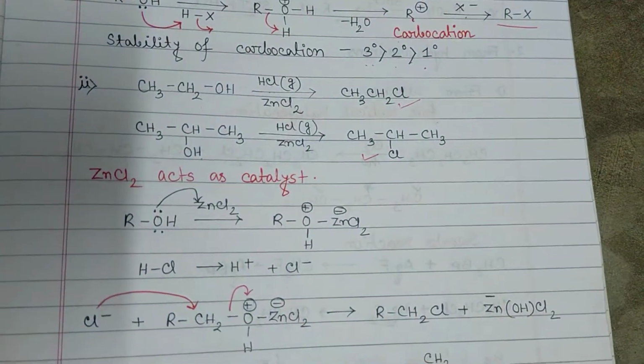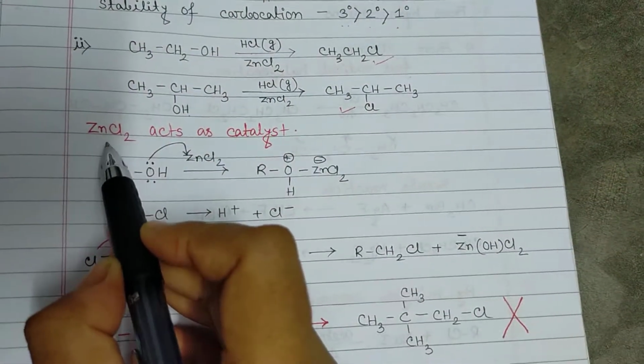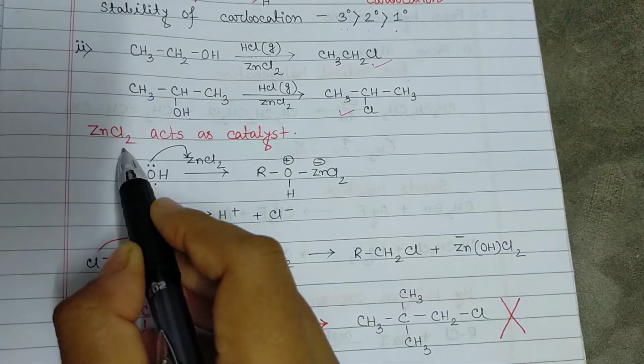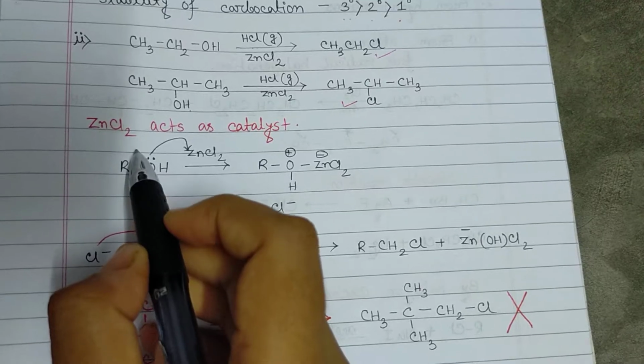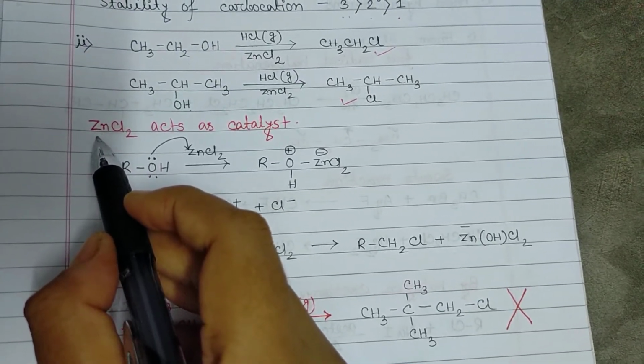Now here in this case the ZnCl2 acts as a catalyst because ZnCl2 acts as a Lewis acid because of the vacant d orbital in Zn2 plus.